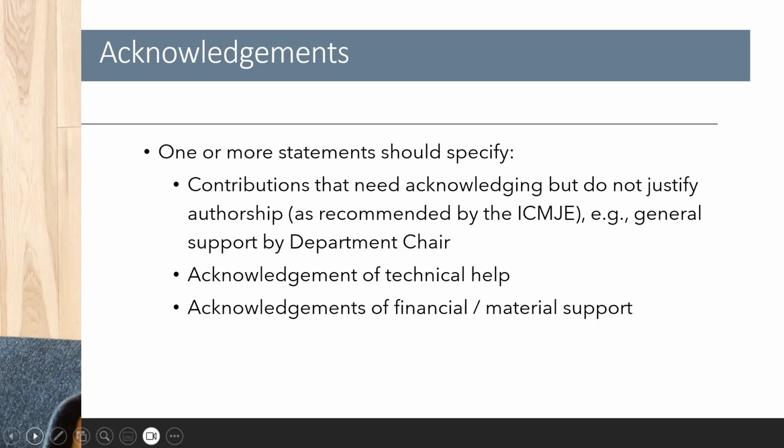Under acknowledgements, you must have one or two statements that specify contributions that need acknowledging, or recognizing or thanking, but do not justify authorship. For example, the department chair helped you, so you may acknowledge him. You may also acknowledge technical help, financial, and logistical support.